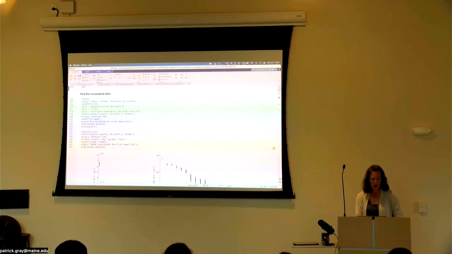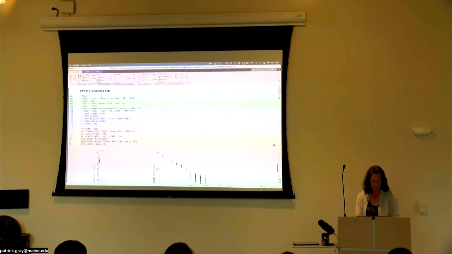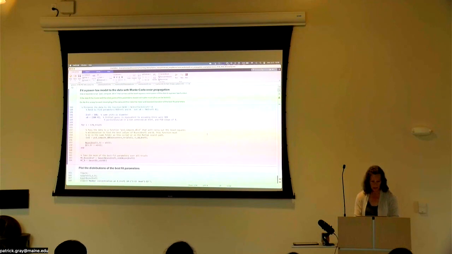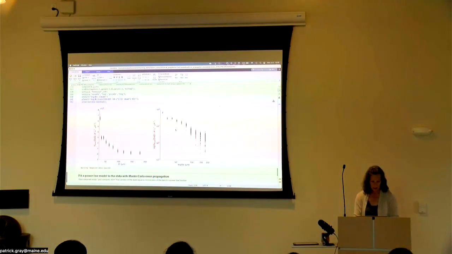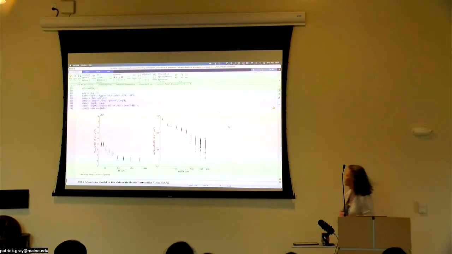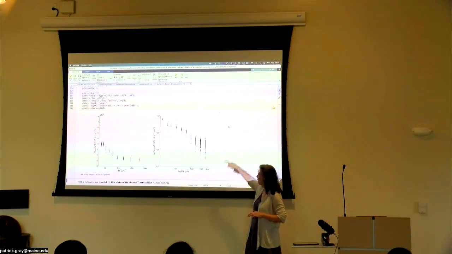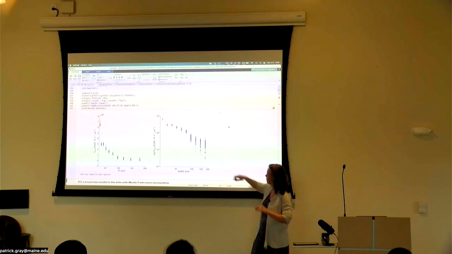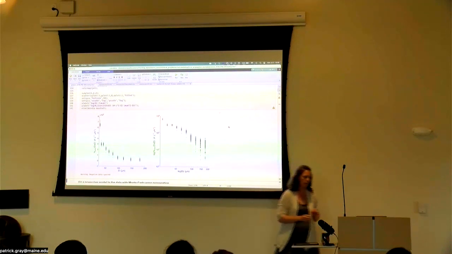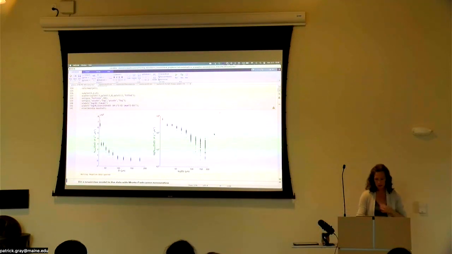Okay, so what I've done here, I can't remember if I ran this or not, so I'm going to run it again, is I've now plotted these resampled data. I don't know from across the room if you can see this very well. I've used a color map just to show the distance from the mean of all of these resampled data.